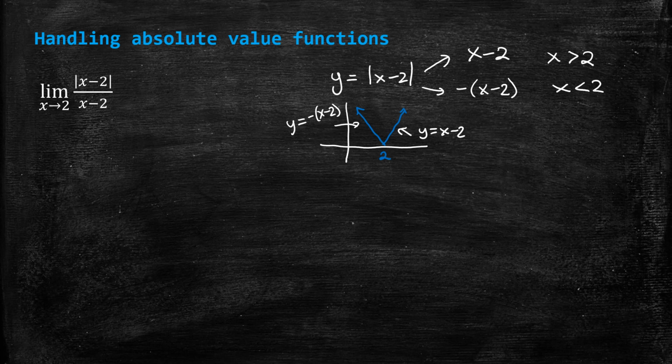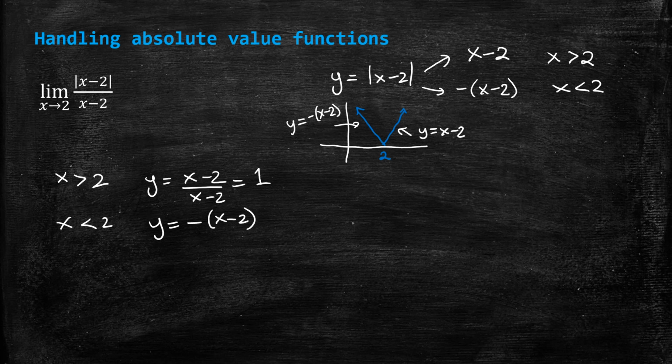So let's take a look at the function then in the 2 scenarios. When x is greater than 2, we don't need the absolute value, and it turns out that that ratio is just 1. And when x is less than 2, let's replace the numerator with this expression, and then we realize that that will equal -1. So now if we re-examine the limit from each direction, so let's break that limit up into the limit as x approaches 2 from the left of this quantity.